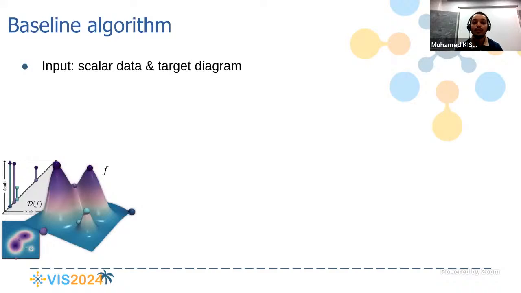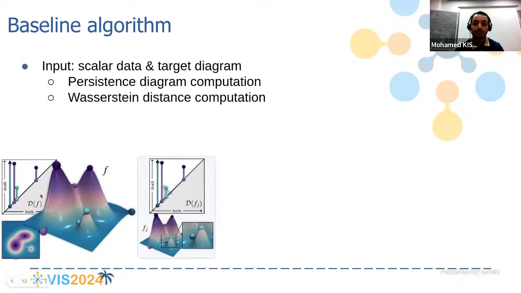So let's look together at the baseline algorithm. We start by inputting the scalar field and the target diagram. The target diagram is created by copying the diagram of the input field and then removing the pairs which are considered as noise, here in cyan. Next, we compute the persistence diagram of the current field.